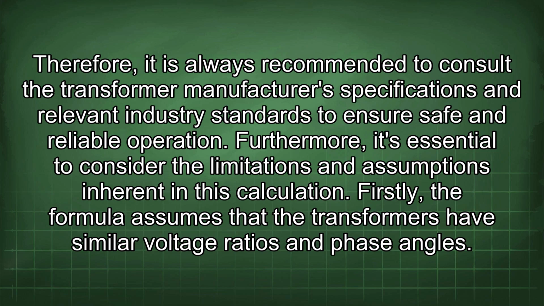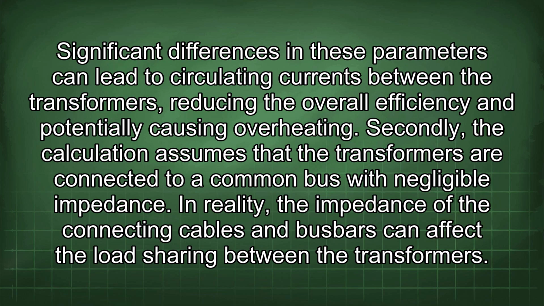Furthermore, it's essential to consider the limitations and assumptions inherent in this calculation. Firstly, the formula assumes that the transformers have similar voltage ratios and phase angles. Significant differences in these parameters can lead to circulating currents between the transformers, reducing the overall efficiency and potentially causing overheating. Secondly, the calculation assumes that the transformers are connected to a common bus with negligible impedance.